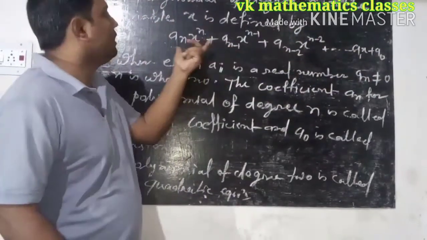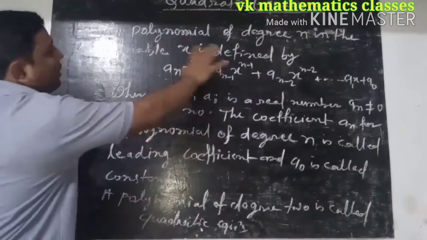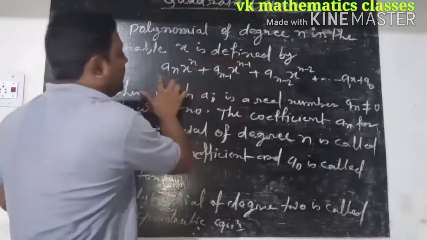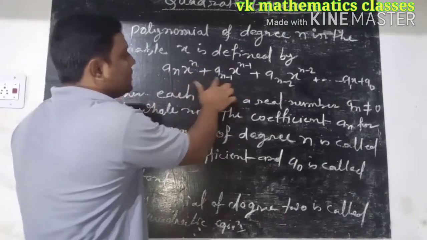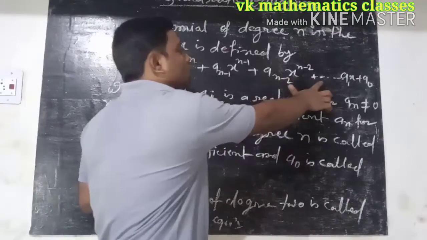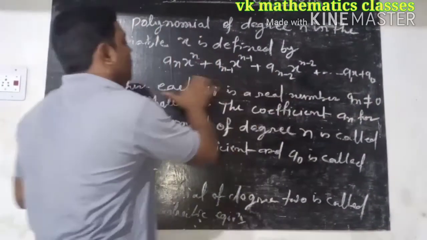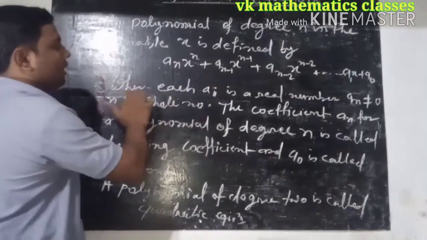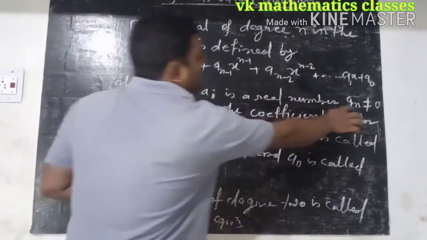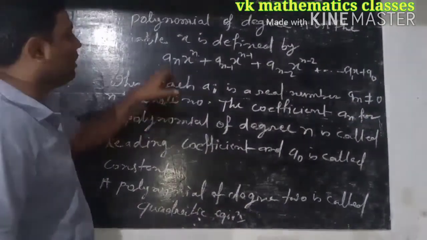This is the polynomial of variable x. A polynomial of degree n in the variable x is defined as a_n x^n plus a_(n-1) x^(n-1) plus a_(n-2) x^(n-2) plus ... plus a1 x plus a0, where each a_i is a real number and a_n is not equal to 0. n is a whole number.